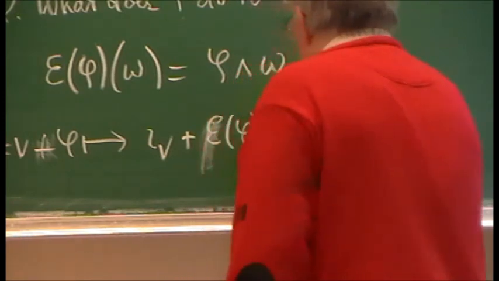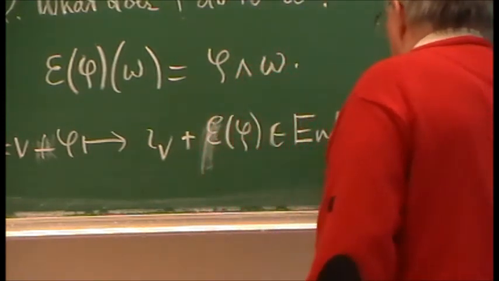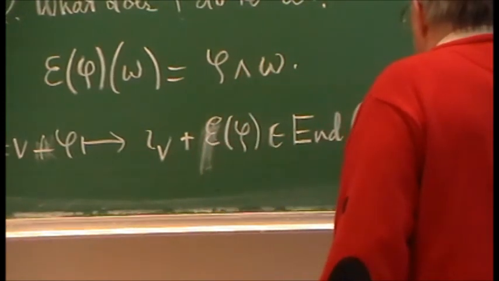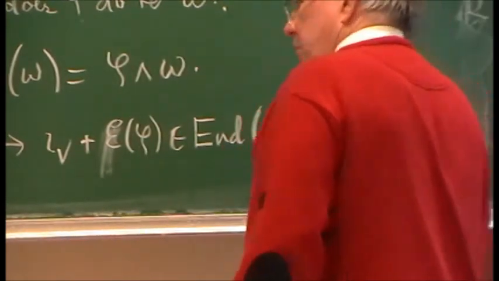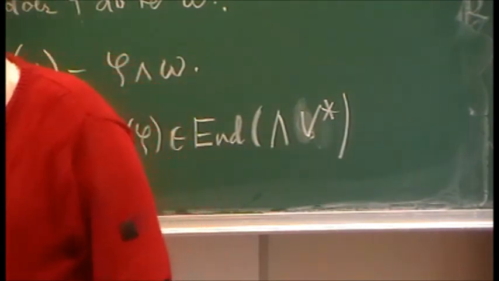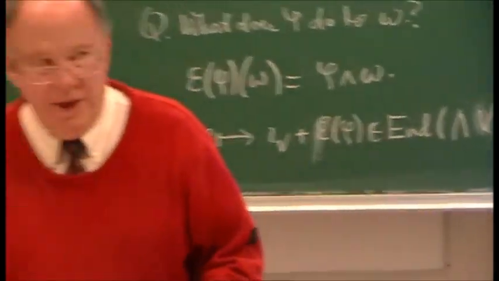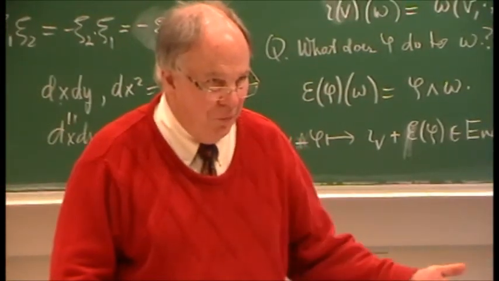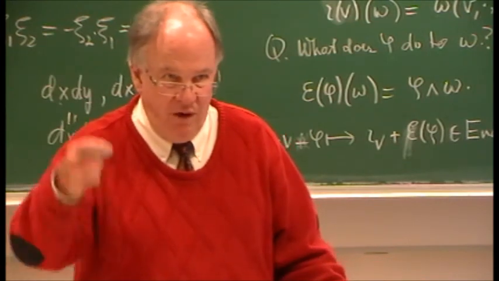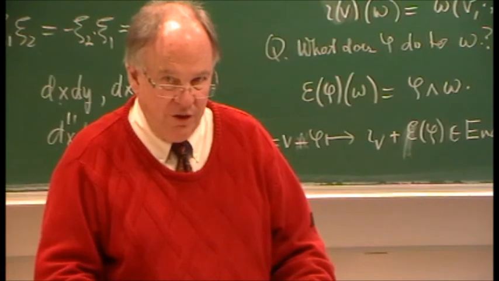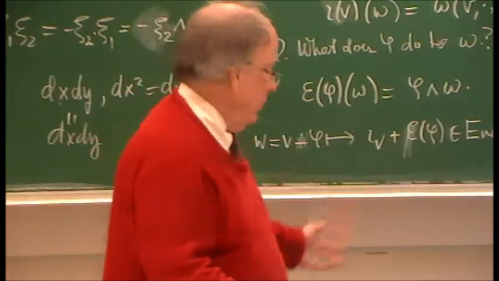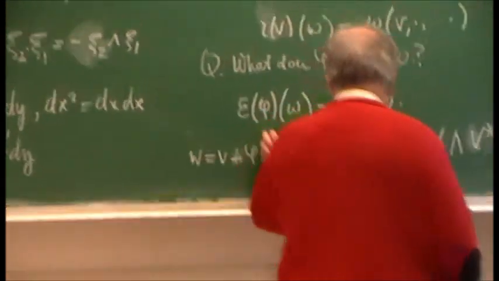This is the action on the exterior algebra of V star, which is finite dimensional because it's alternating. This is called the fundamental representation of the Clifford algebra. So you have two things, fermions, bosons, Clifford, everything's finite dimensional in Clifford algebra. This thing is finite dimensional. This is an algebra representation.